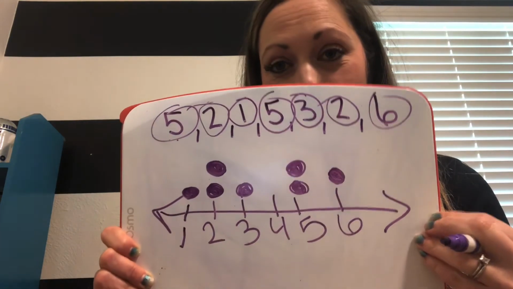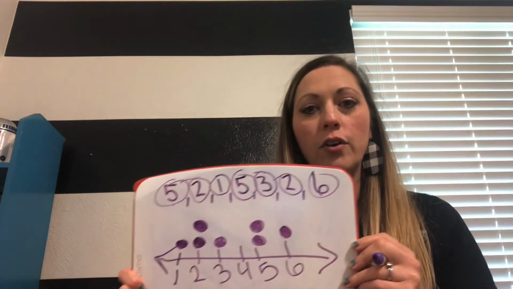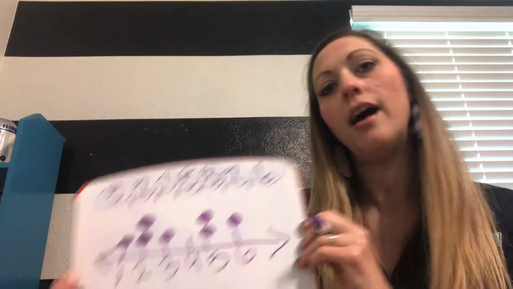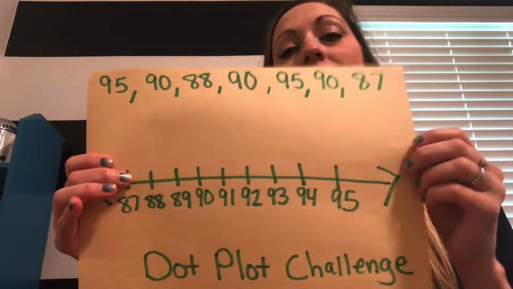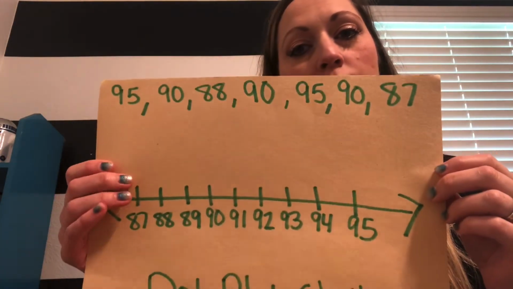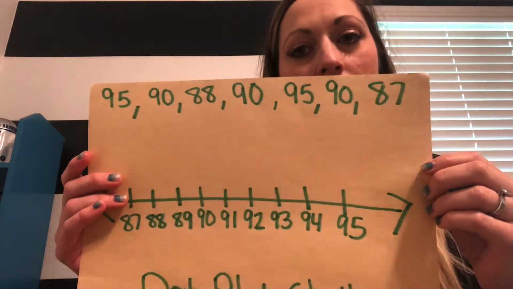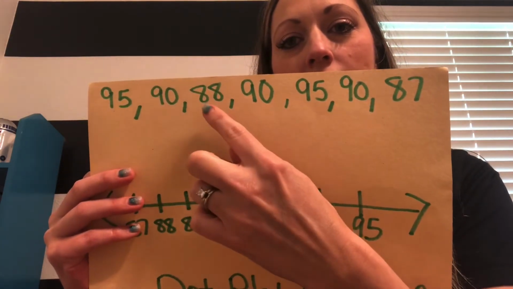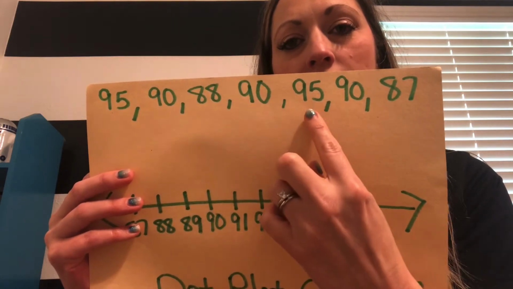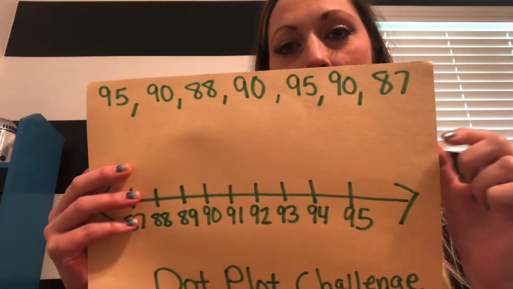Okay, so now that I have gone over dot plots, I want to give you a little challenge to do. Here is your dot plot challenge. These are the grades that a student made on tests for 9 weeks. We have a 95, 90, 88, 90, 95, 90, and an 87.